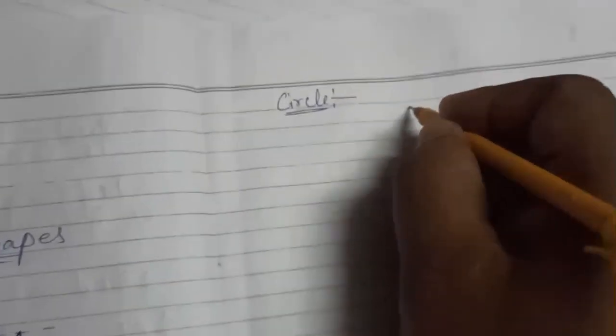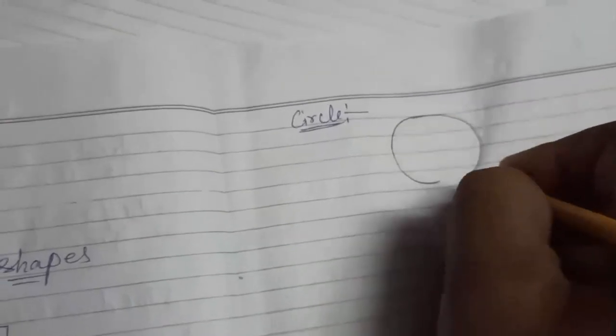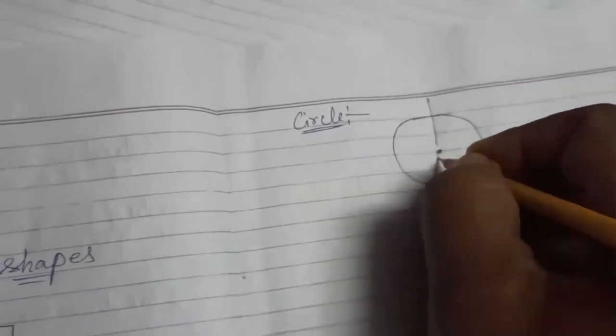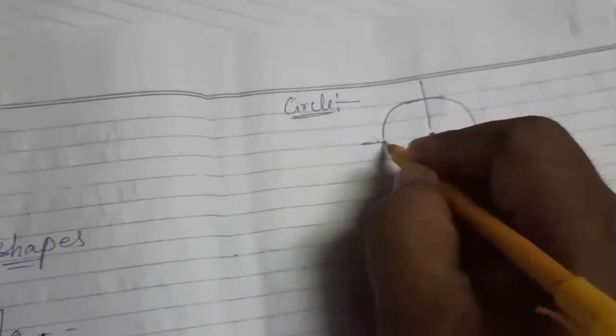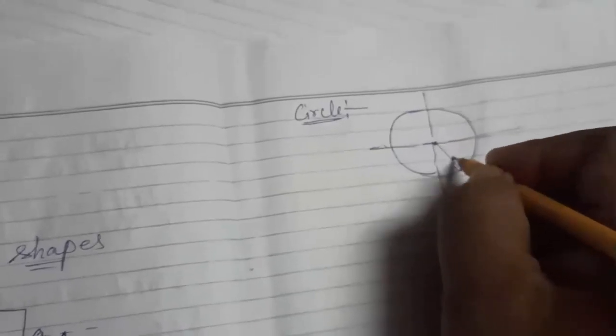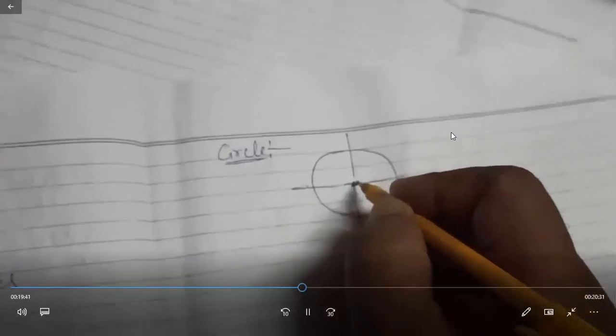Now for a circle, the center of the circle is always, suppose this is a circle, the radius of the circle is r, and this is the centroid, the center of the circle.